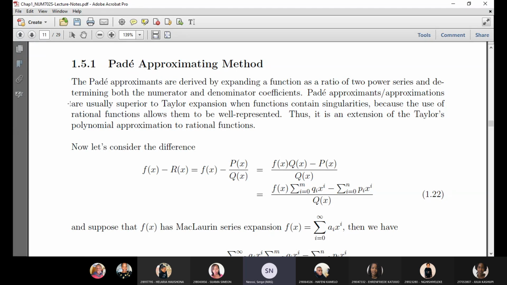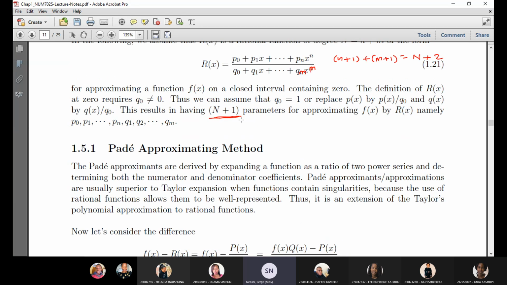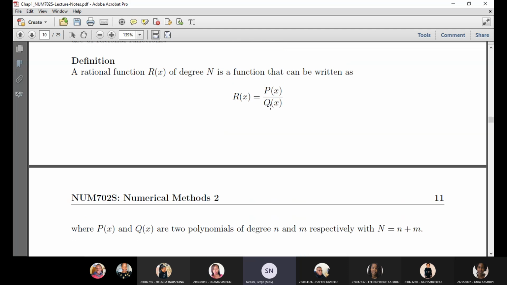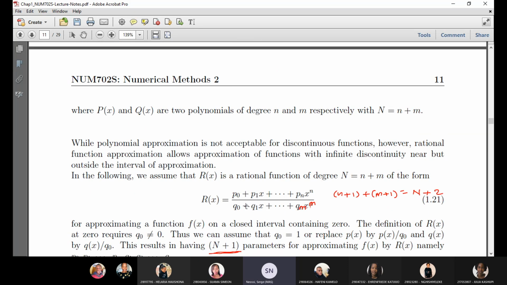That function will be given to you. Its analytical expression will be given. The only thing you have to do is to write its Taylor expansion or the Maclaurin expansion series of that function f. So we want to approximate the function f using a rational function. We know the expression of the rational function R(x), which is given by this, or you can use this, and we know that this is the same as this expression.